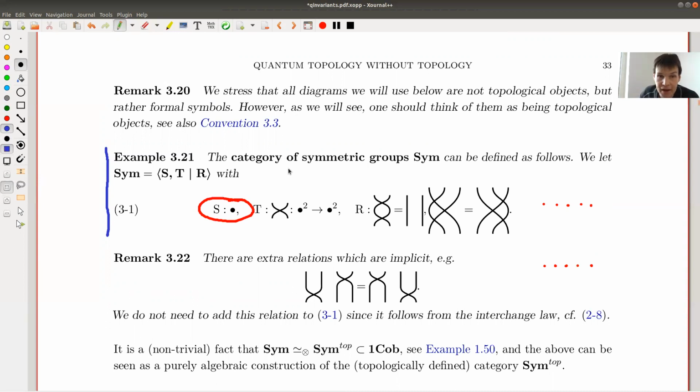I also have those diagrams, just to be sure, from dot to dot, the identity. They are not included in the set T, because they are included in the definition. So the only non-trivial thing I can do is cross two lines.